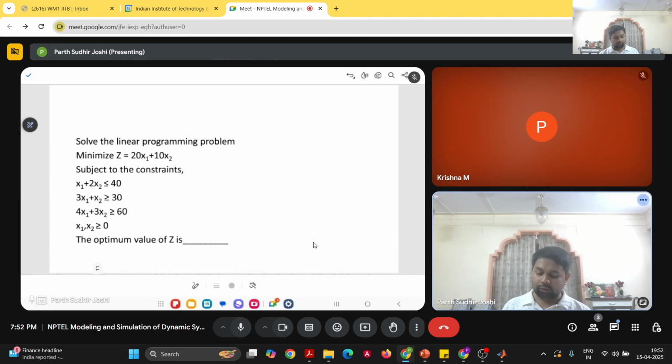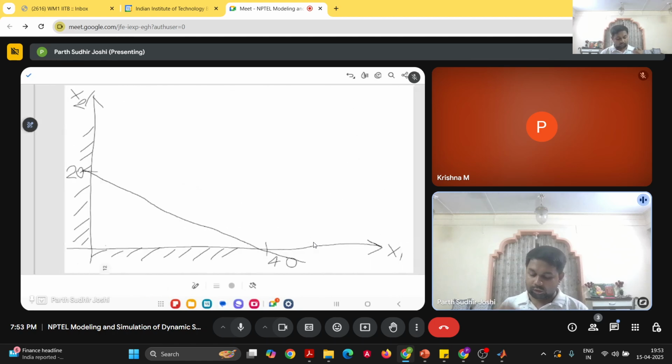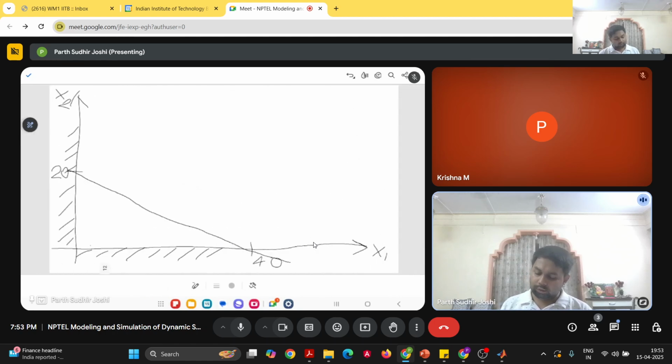So here in the first constraint, if we substitute the coordinates of the origin, x1 plus 2x2, if x1 and x2 both are 0, the LHS would be 0. So 0 is less than or equal to 40 is correct, so it is satisfying the constraint. Therefore the origin lies in the feasible region, and the feasible region is below this constraint. Right?